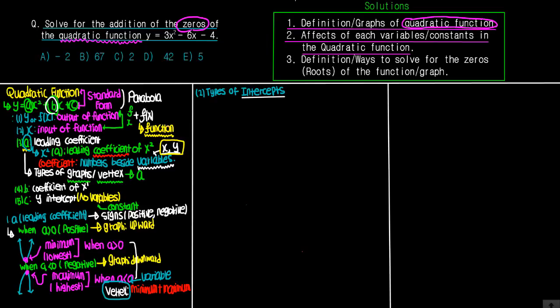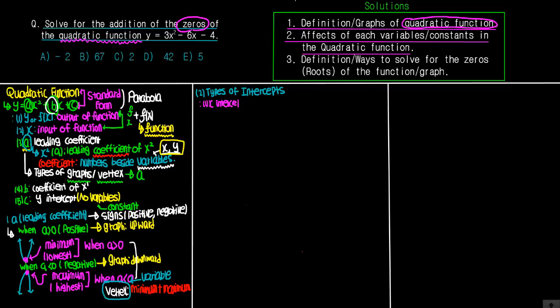If it is on the axis, there will obviously be two cases, because there are two axes. There can be either the x or the y axis, which means it can be either the horizontal or the vertical axis.